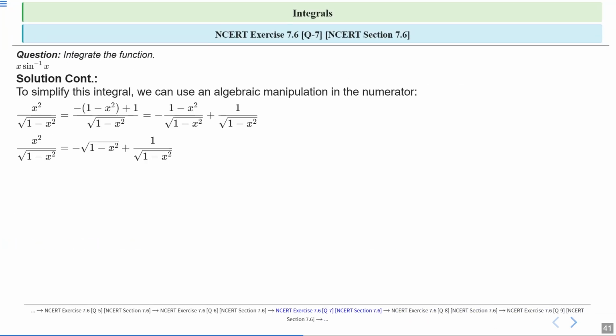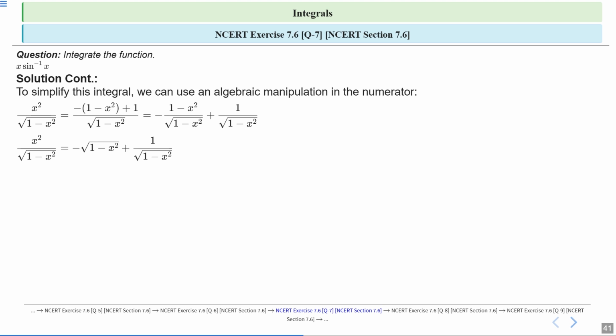To simplify this integral, we use an algebraic manipulation in the numerator, because the degree of the numerator and denominator is the same, so we use this type of manipulation. We add minus 1 and plus 1 to the numerator, and we get minus into 1 minus x square, which is the same as the denominator. When we separate the terms, the first term cancels out.